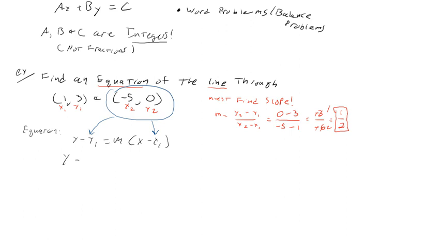Y goes with y, and X goes with x. Don't get confused. Y minus 0 equals my slope, which was 1/2, times x minus my x value here, which is -5. Plug them into the right spots.